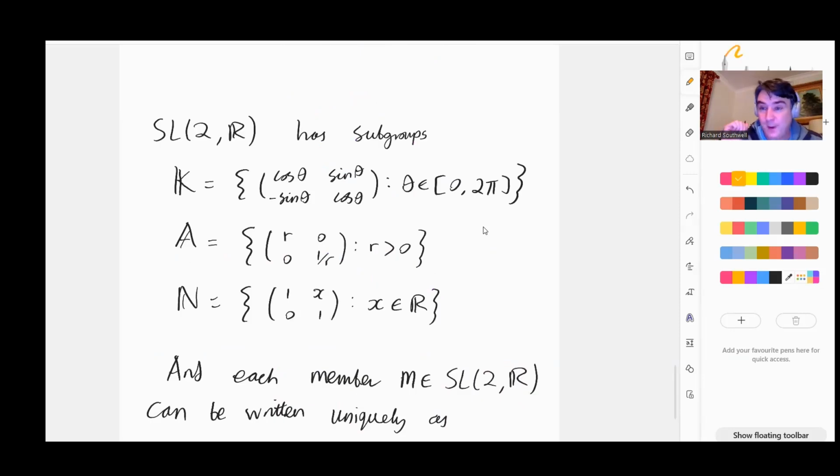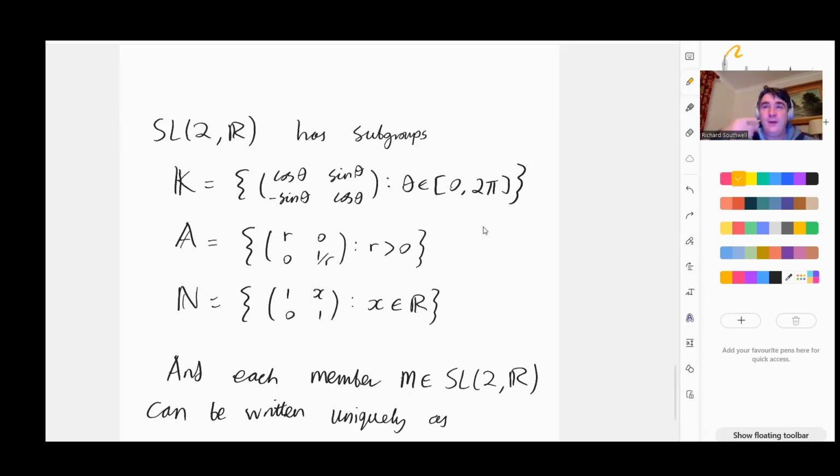Okay, so I want to finish by talking about a case that I find really, really geometrically pleasing. And that's the case where we want to understand the behavior of this special linear group, SL2. So remember, this is the group of invertible matrices that have a determinant equal to 1.